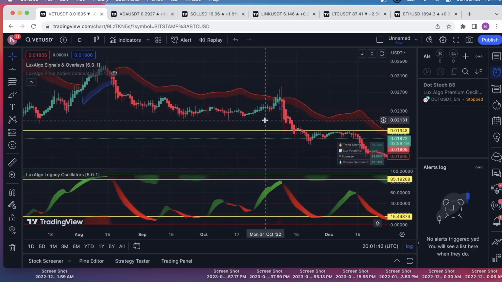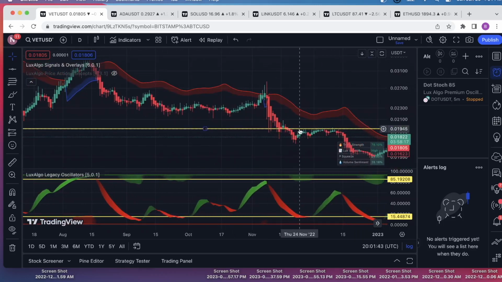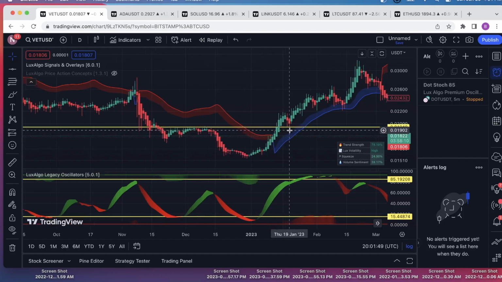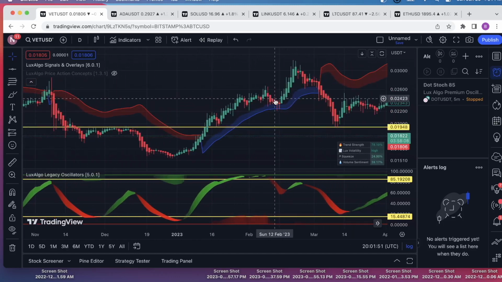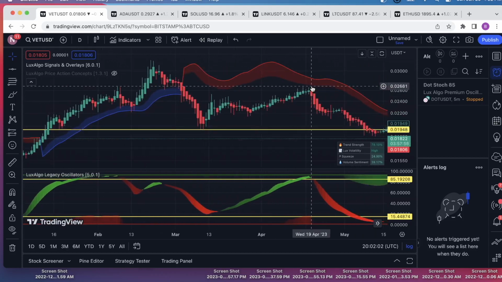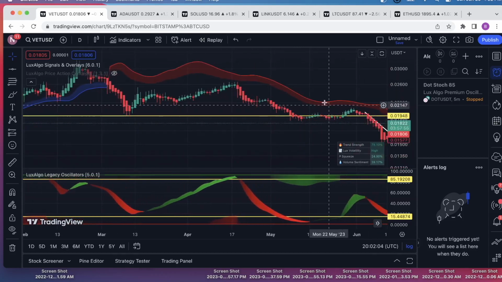And oftentimes when the price comes up to it, it'll get rejected. It serves as an area of support or resistance. So here we came up, after getting rejected here, we came up. And look, when the price came to this region here, this smart trail served as a support, and it bounced up, right? And then we cross back down, we come up to it again, and then it dumps down.